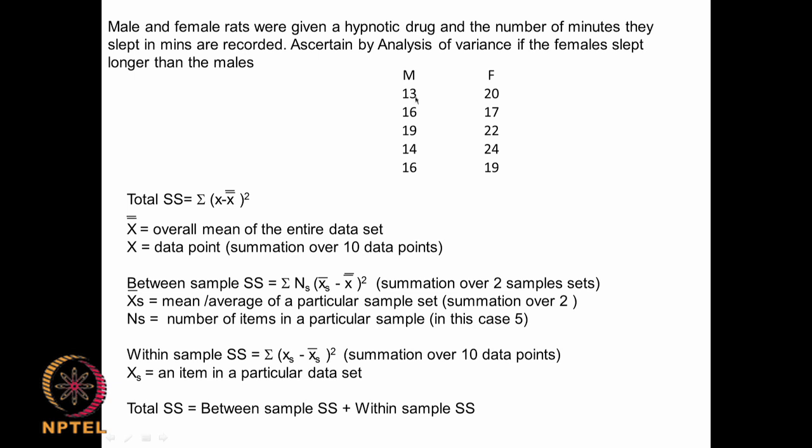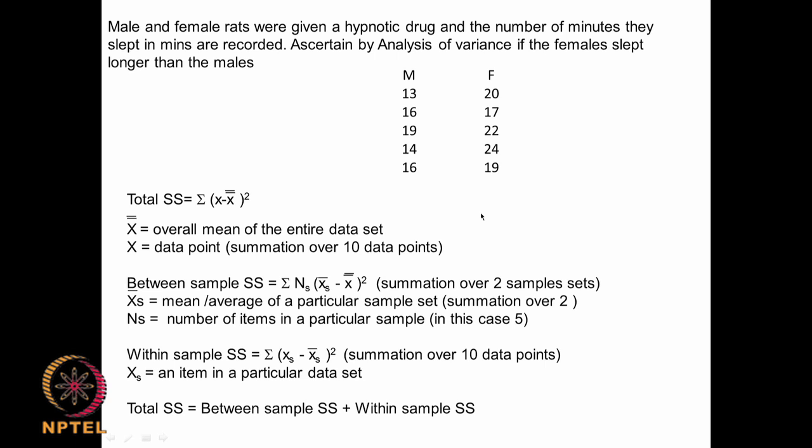Every time I subtract from each one of these data points, square it up, sum it up. Then for the female, I will have a mean here and subtract from each one of these data points, square it up and sum it up, overall summation. The degrees of freedom for within sample: the total is 9, between sample is 1, so within sample is 9 minus 1, which is 8.